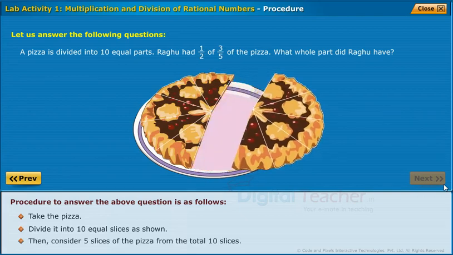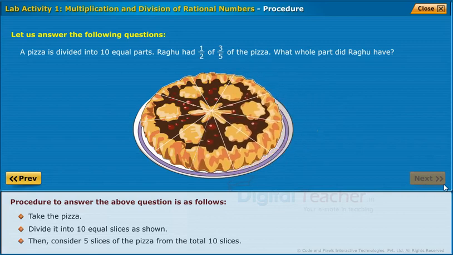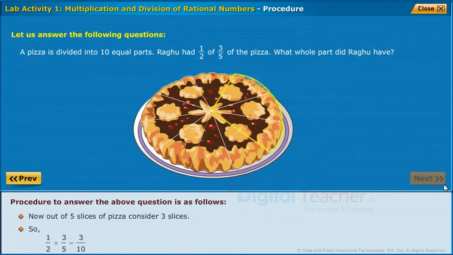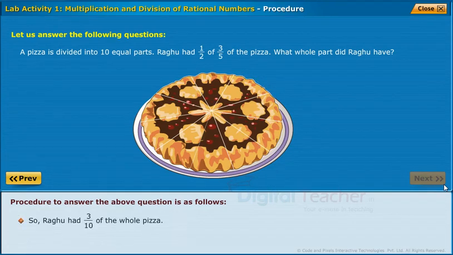Then consider 5 slices of pizza from the total 10 slices. Now, out of 5 slices of pizza, consider 3 slices. So 1/2 into 3/5 is equal to 3/10. So, Raghu had 3/10 of the whole pizza.